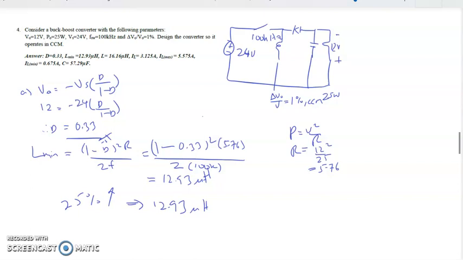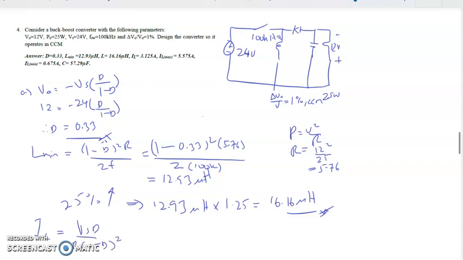You might have an extra load on the device, so it will stay in continuous current mode. So 12.93 microhenry times 1.25, we get 16.16 microhenry for the inductor value that we should assign to the circuit.